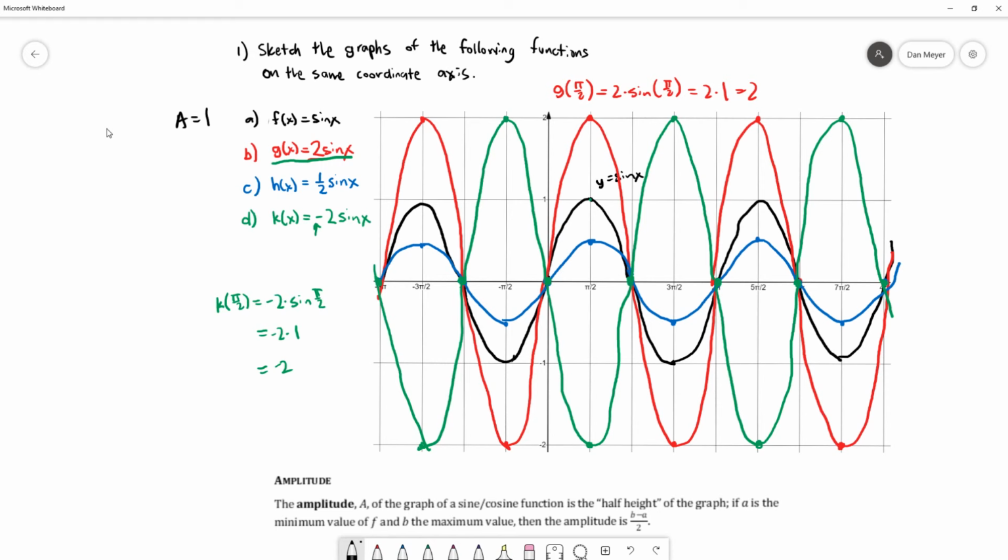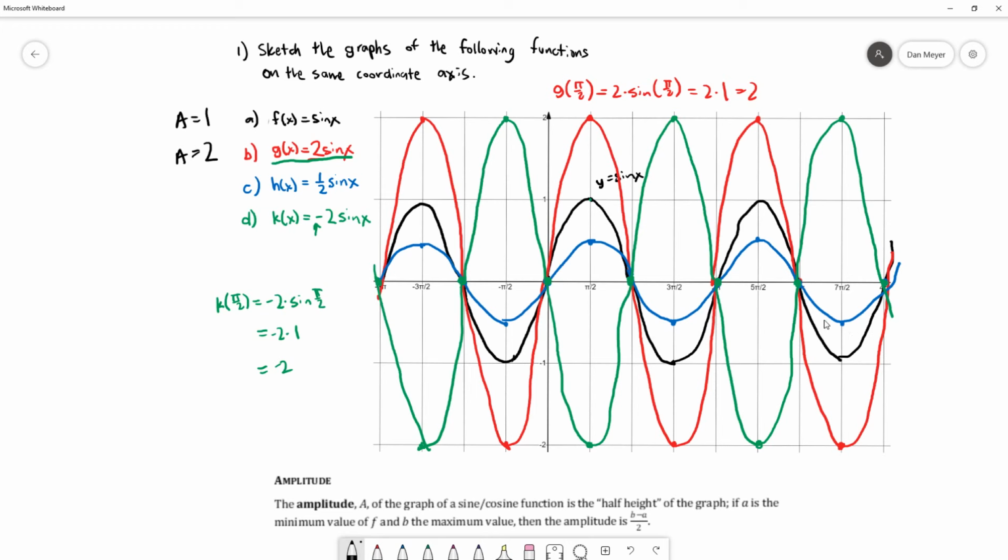For g, the height of g goes from a lowest point of -2 up to a highest point of 2. The total height of the graph is 4, and so the half height here would be 2. All right, so the amplitude here is 2. For h of x, it looks like its lowest valley is at -1/2 here and here and here.